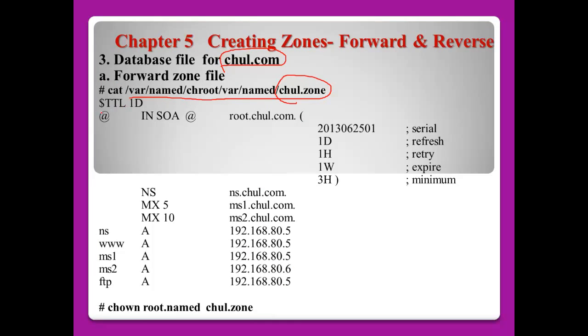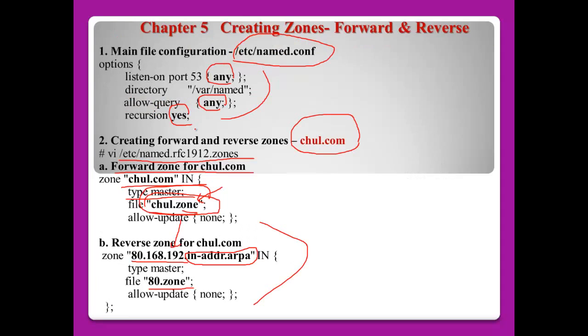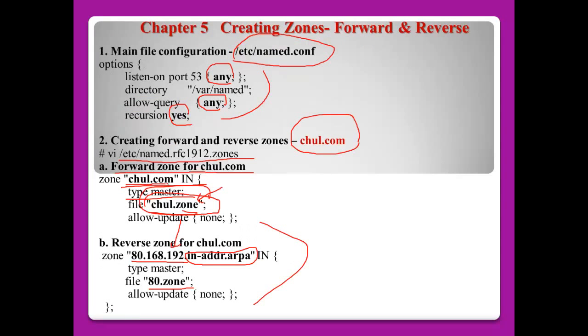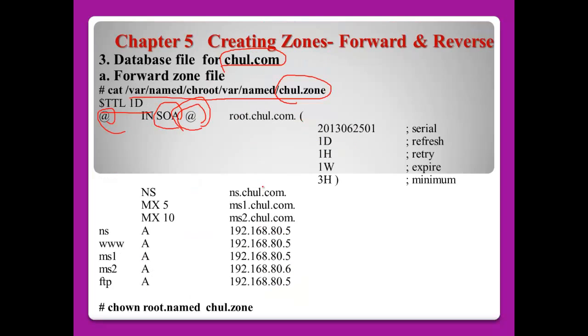Here, the TTL is 1 day, and the start of authority. The at sign means, in my case, the default domain, chol.com.